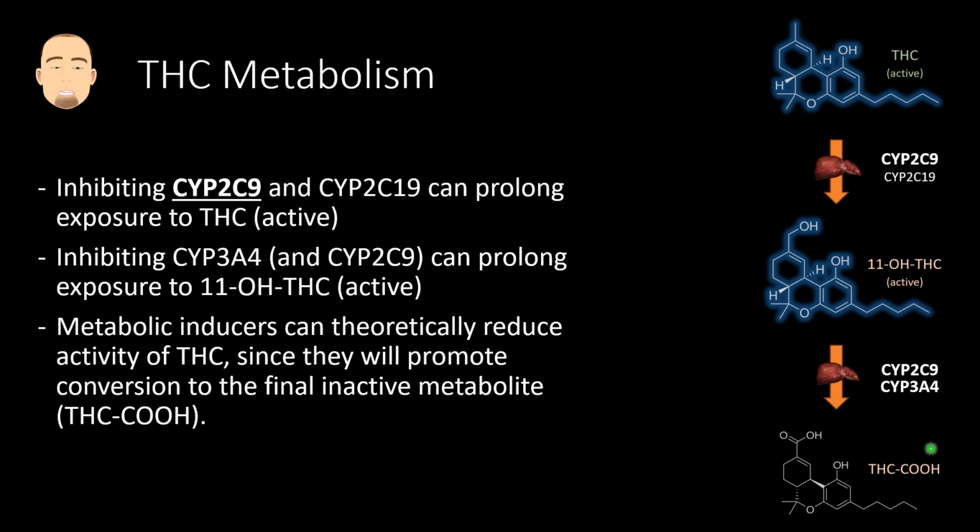So the more of this we produce, as you can imagine, the less activity we have of the THC or the intermediate metabolite. You also see that the same enzyme, CYP2C9, plays a role in both steps. But if we inhibit that, what that ultimately results in is an accumulation of THC, which is obviously active.